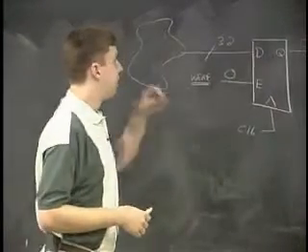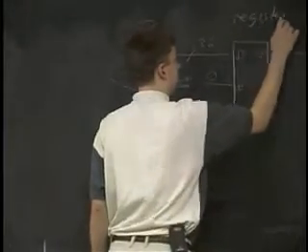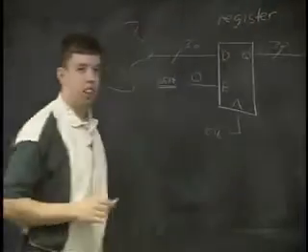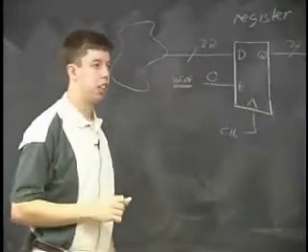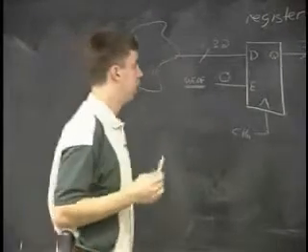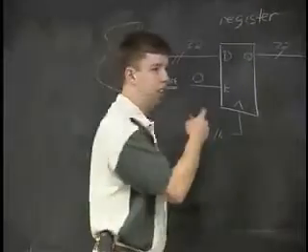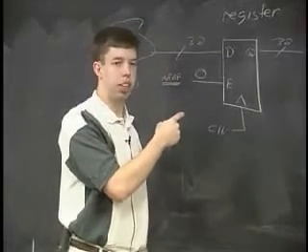All right. So this is a register, and as I said, it's a very important building block for our computers. It's not to be confused with memory, but these are very quick, which is very important, whereas memory is generally not.